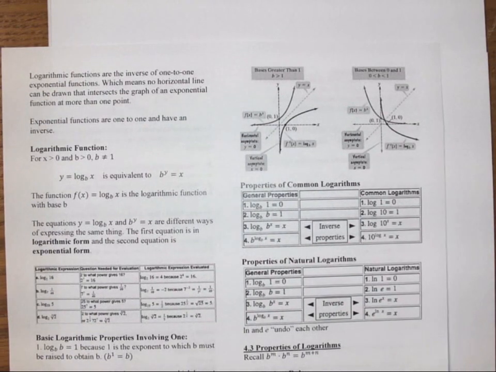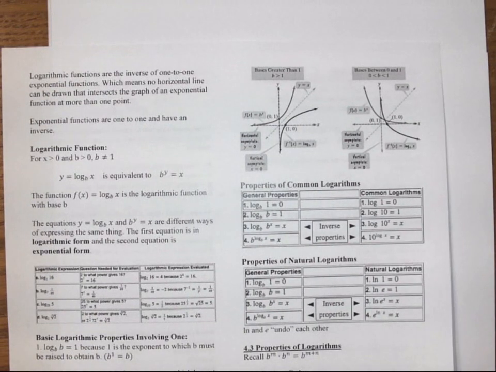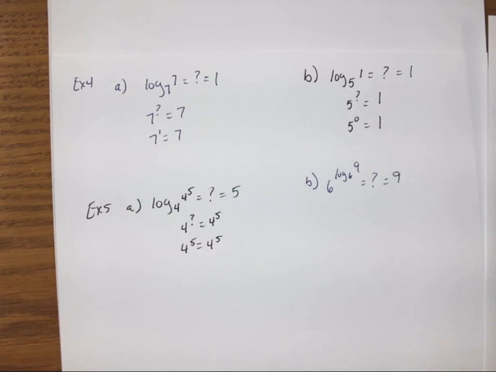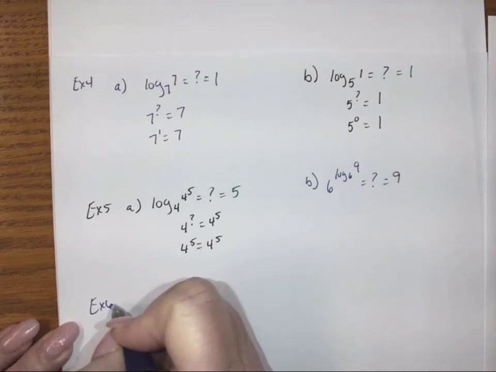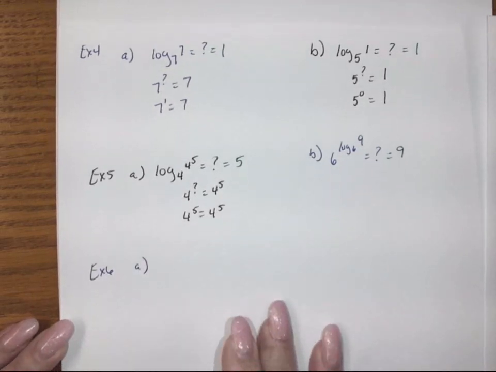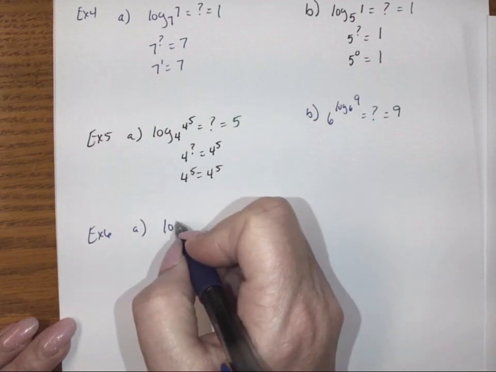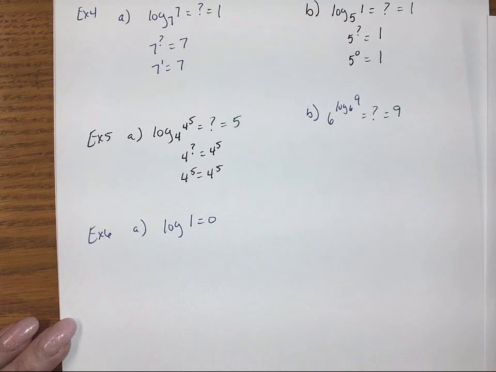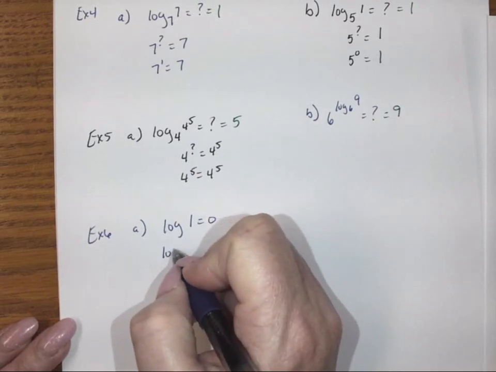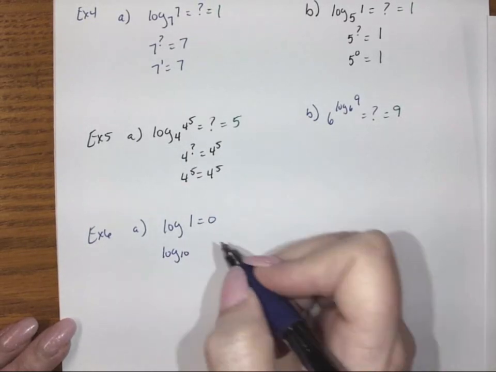So let's look at some properties of our common logs. We'll look at some more of those common logs that are happening. So example 6, part A: log of 1 equals 0. Remember this is log base 10 if they don't give us a base.